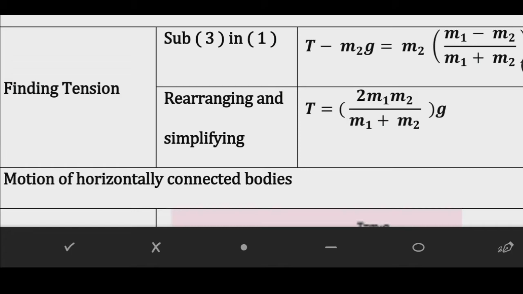Now we get T minus M2g is equal to M2 into (M1 minus M2) by (M1 plus M2) into g. Rearranging and simplifying the above equation, we get the tension T is equal to 2 M1 M2 by (M1 plus M2) into g.